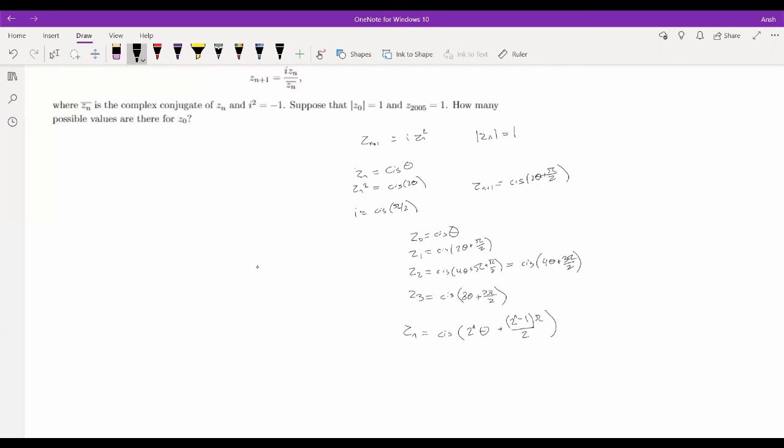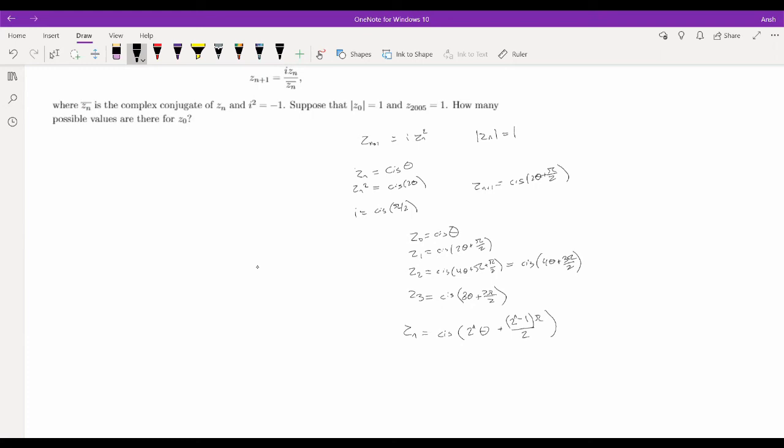This is just something you do in competition math: you find patterns, you make rules, you generalize it, and if they make sense, you just go with it. So we have our formula for the nth term of our series.